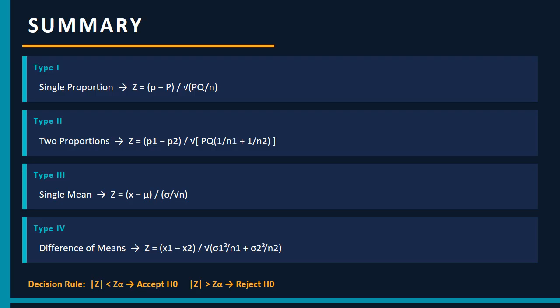We use this when comparing means from two independent samples. And the universal decision rule is simple. If mod of Z is less than Z alpha, that is, if the calculated value is less than the table value, we accept the null hypothesis. And if the calculated value is greater than the table value, we reject the null hypothesis.